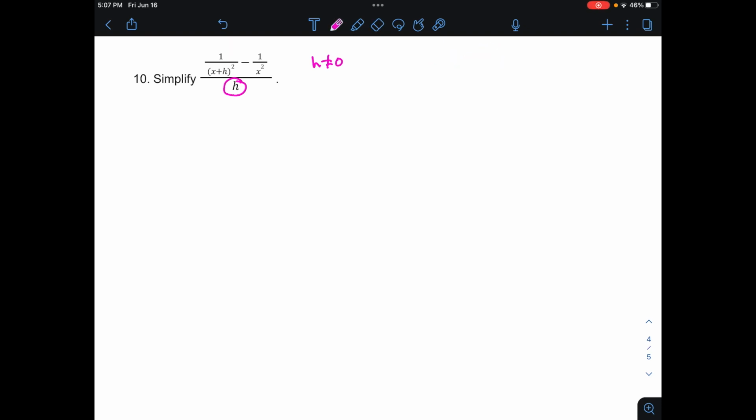Okay. X cannot be equal to 0, because that would make that 0. And then x plus h squared does not equal 0. And the only way that's going to be equal to 0 is if x is equal to negative h, or vice versa. So I'd say x does not equal negative h, or h does not equal negative x.